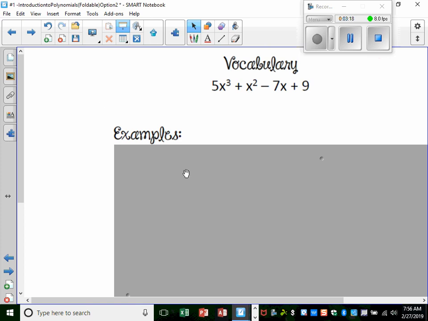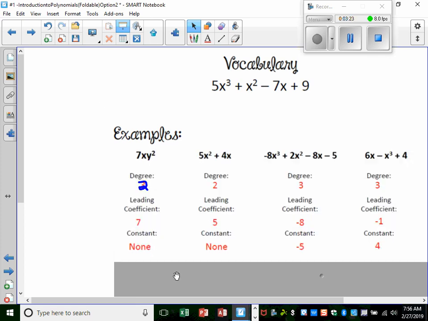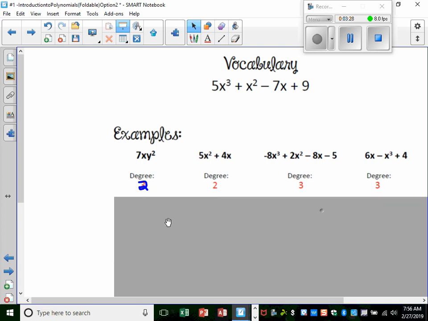All right, so now let's move on to some examples. And in your foldable, okay, here's the first example. Let's just start with the 7xy to the 3rd. Now we're going to talk about how you determine the degree. Okay, how do you determine the degrees? So I want to talk about, when it says degree, what these numbers represent. Okay, these numbers right here represent the highest exponent in the problem, or in the term.